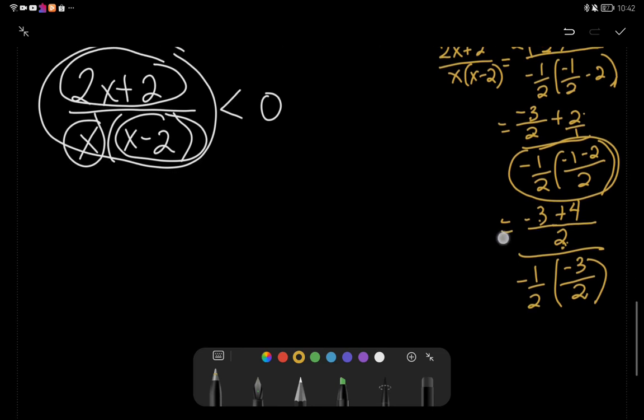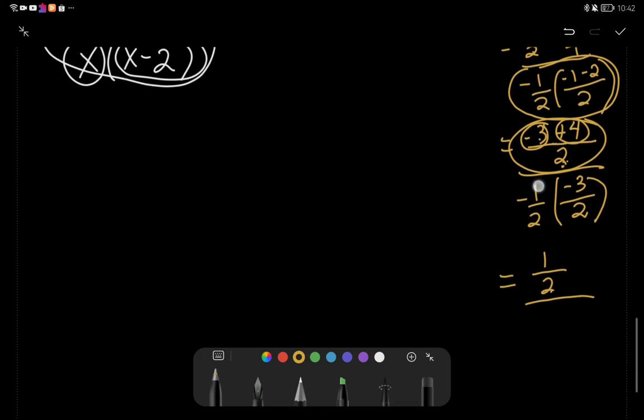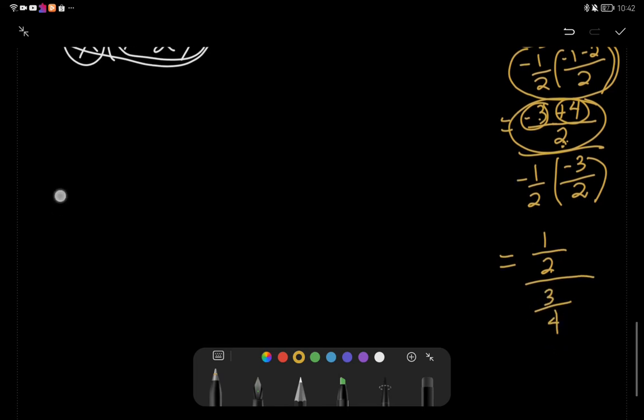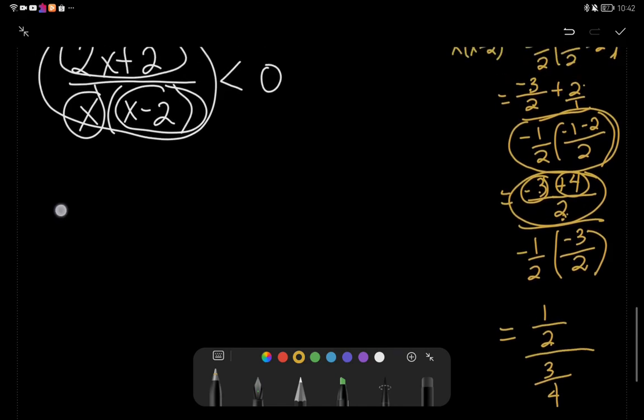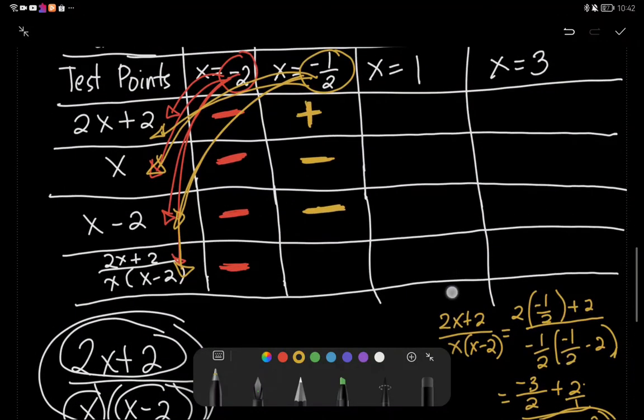Now we have 1/2 over, this 1/2 na lang. We subtract them. Copy the denominator 2. Here, multiply the numerators, negative times negative, that is positive 3/4. So 1/2 over 3/4, they are all positive. So your answer here is positive.